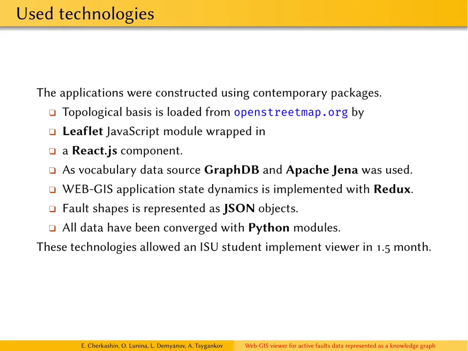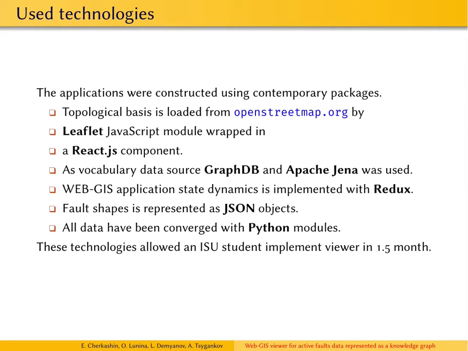We did not notice any difference, except that GraphDB has a very convenient user interface for vocabulary loading and SPARQL query testing. The state dynamics of the application is implemented by Redux.